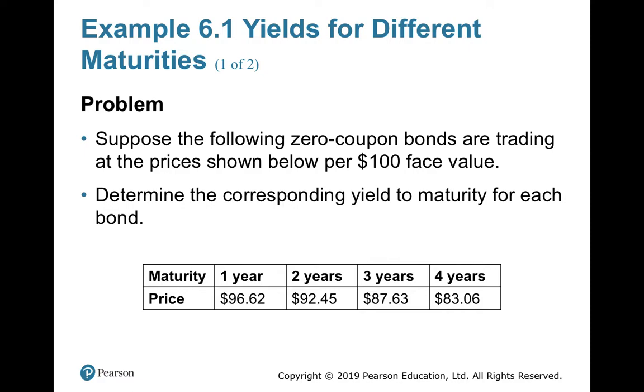Here is a question given to you. Suppose the following zero coupon bonds, these are known as ZCBs, zero coupon bonds, or DDB, deep discount bonds, and many other names.